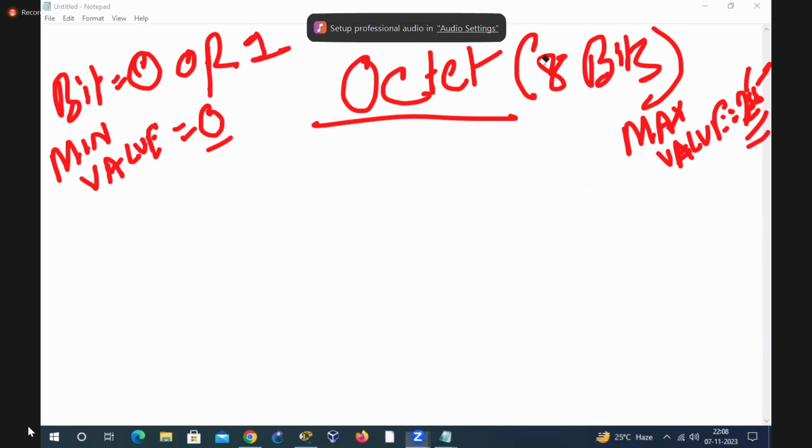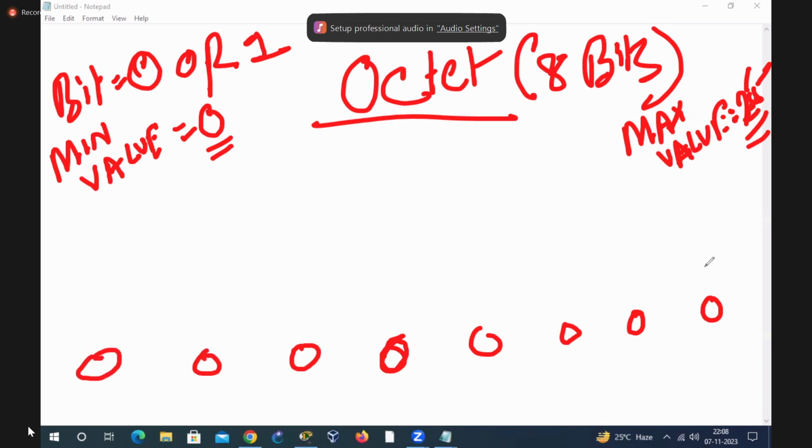Now, since the minimum value is 0, we write 8 zeros here. First of all, write 1, 2, 3, 4, 5, 6, 7, and 8. So that is your 8 zeros. And under all these 8 zeros, we write the powers: 1, 2, 4, 8, 16, 32, 64, and 128.